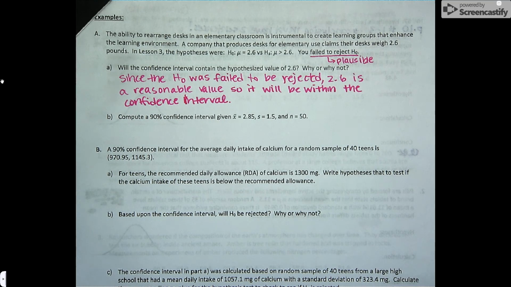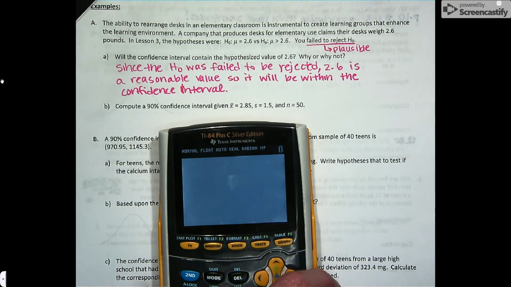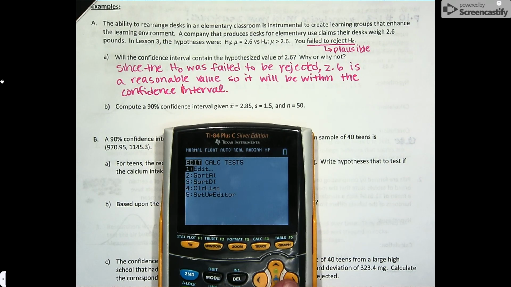Okay, and just to prove this to you, in case you didn't believe it, they gave us some data to calculate the confidence interval, and we are ever so closely approaching that final exam. So let's review how to find this confidence interval. For a confidence interval, you're going to go to stat, tests, but we want a one-sample t interval, so you go to TInterval, which is number 8.